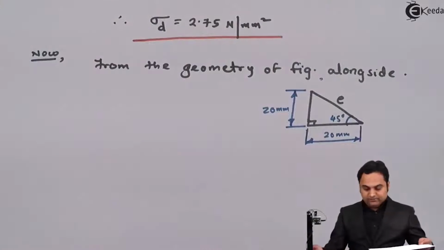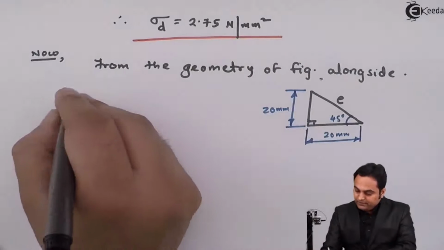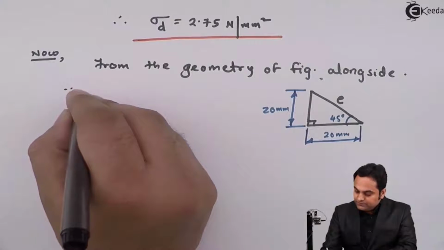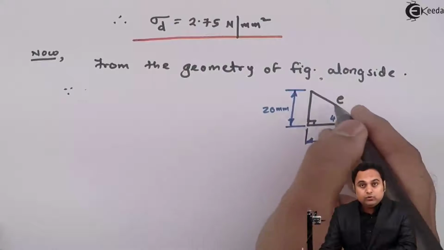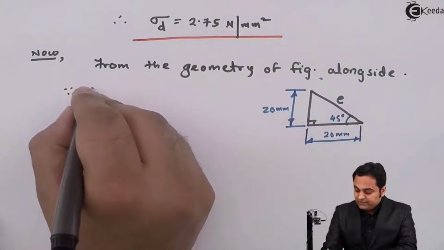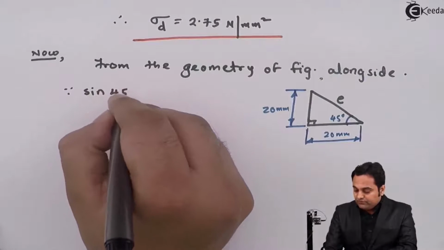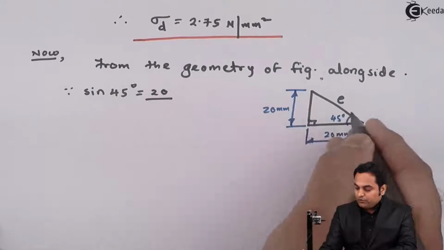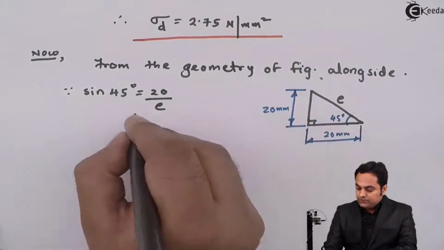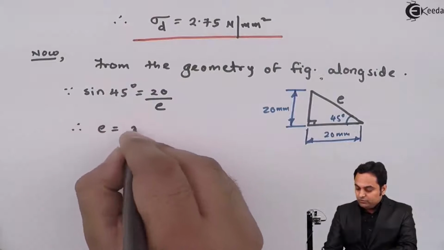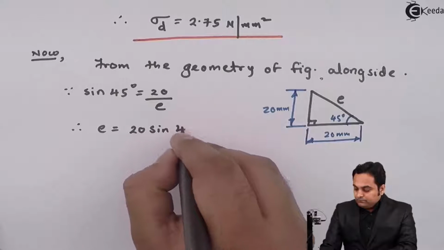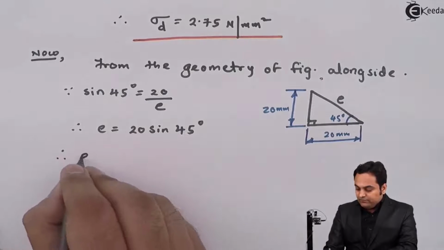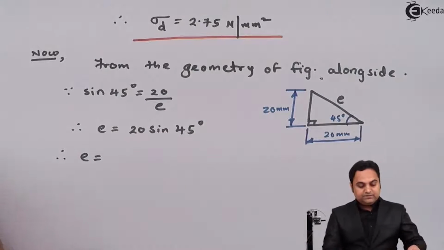Now I'll say that from this geometry, since we want to know E, we can use either sine or cos formula. So if I use sine 45, that is opposite side upon hypotenuse, which is E. So therefore E is equal to 20 sine 45, and my answer is 28 point.